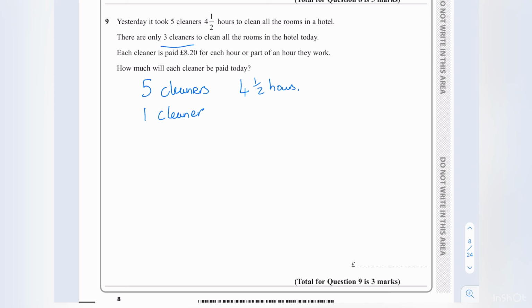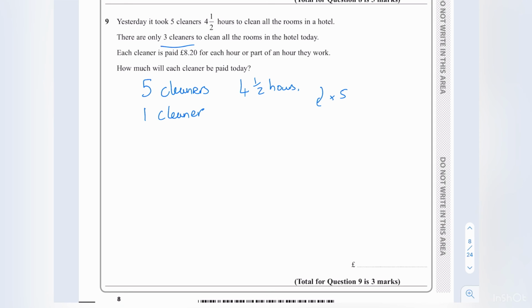Now this is inverse proportion, because the less cleaners there are, the longer it is going to take to complete the cleaning. So if we have 5 times less cleaners, so we've divided it by 5, the effect that has on our time is it's going to take 5 times as long. So we actually need to multiply this by 5.